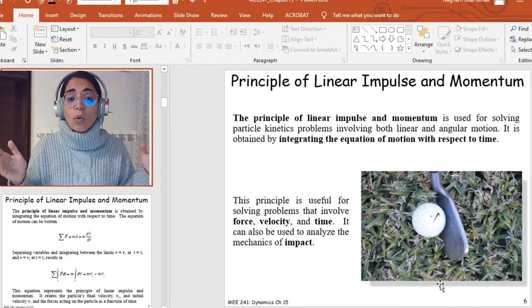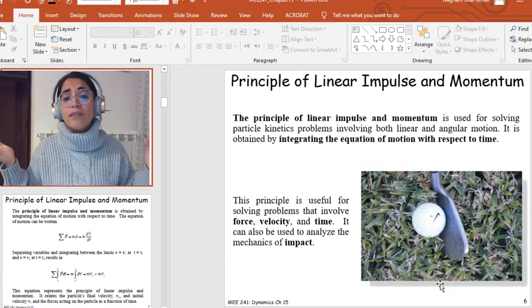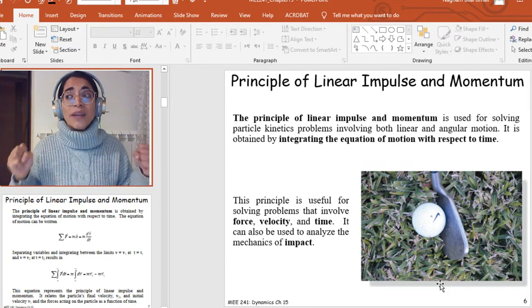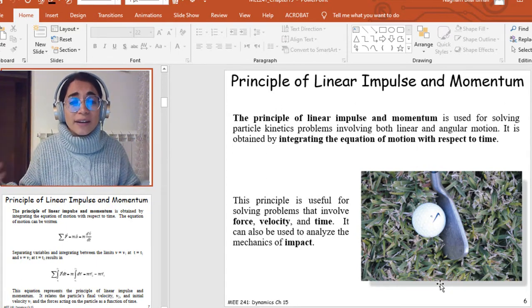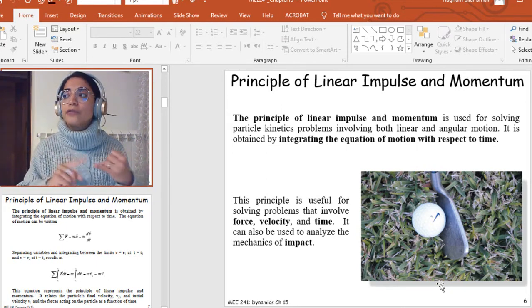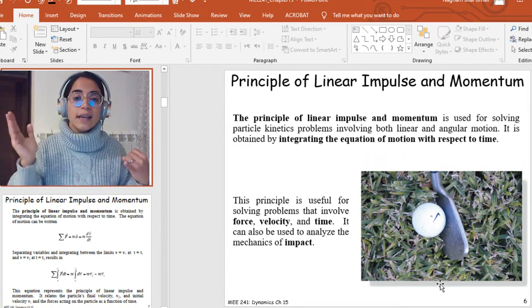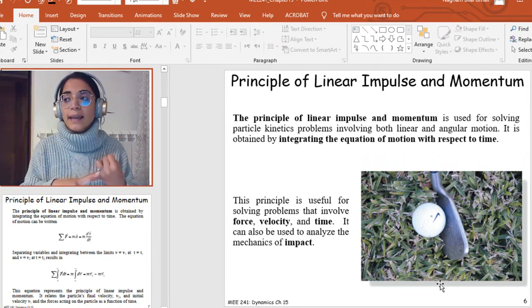Now, why should I use the principle of linear impulse and momentum? In fact, so far, we have discovered a lot of principles to be used. First of all, we started with the general equations of velocity, acceleration, and position, which is kinematics.